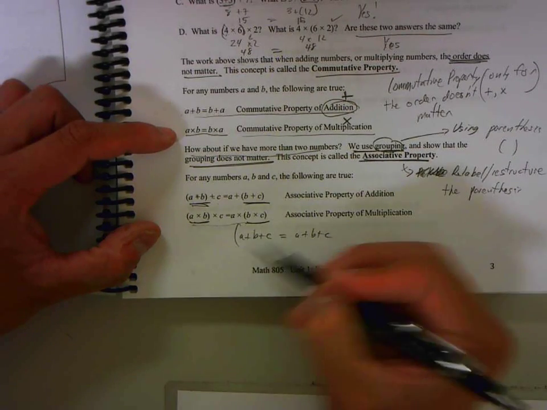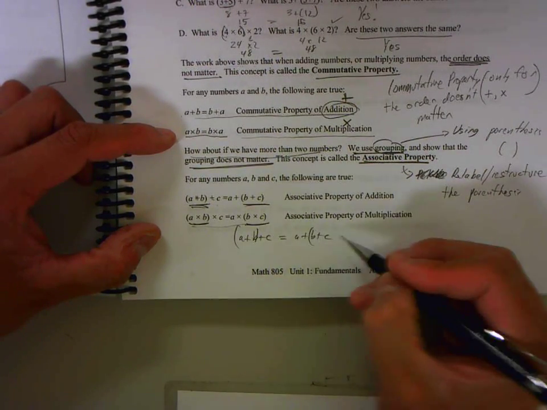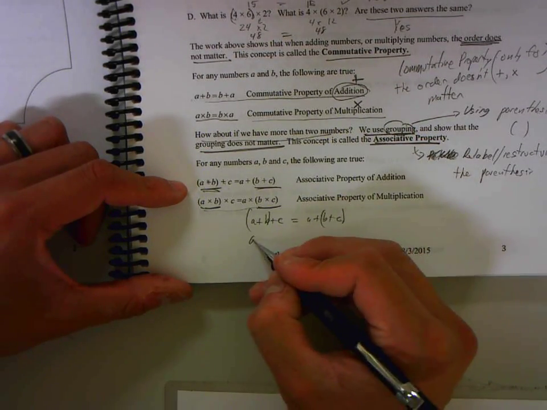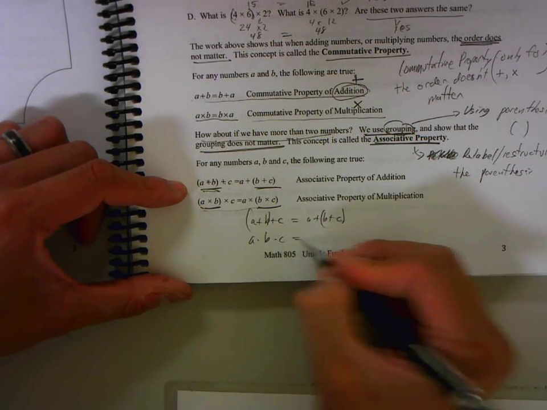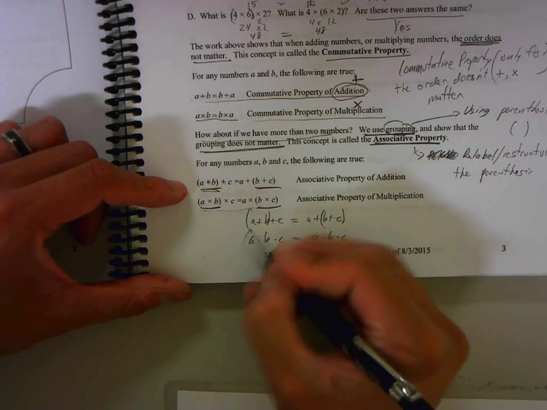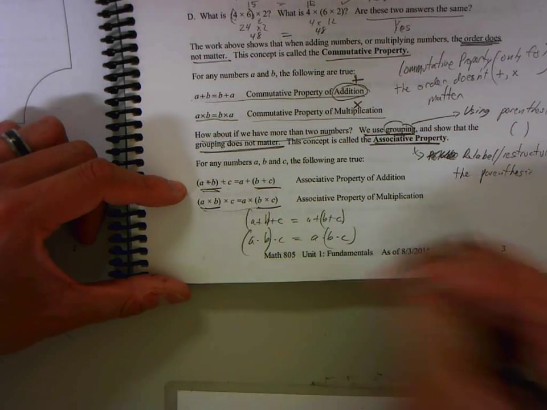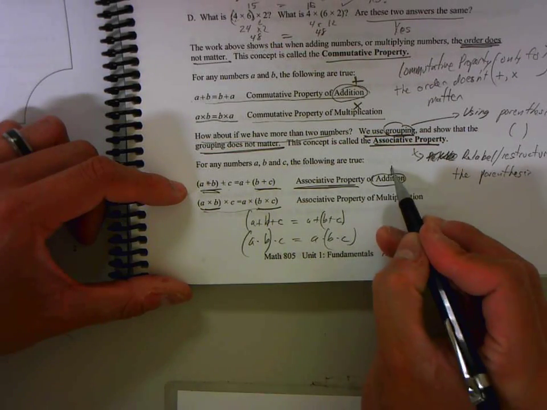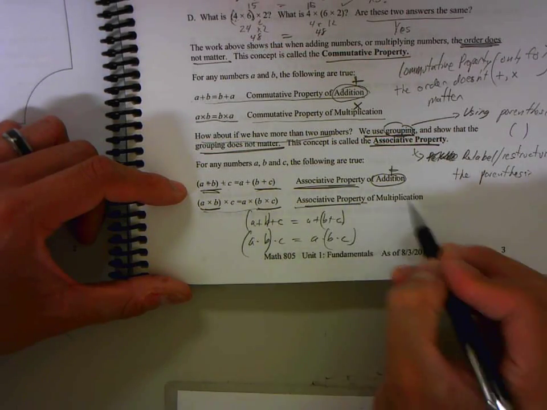If you put parentheses around the first two, it'll be equal to the same expression with parentheses around the second two. Same thing with times. Parenthesize the first two or the second two, and I get the same thing. This is called the associative property, either of addition or of multiplication.